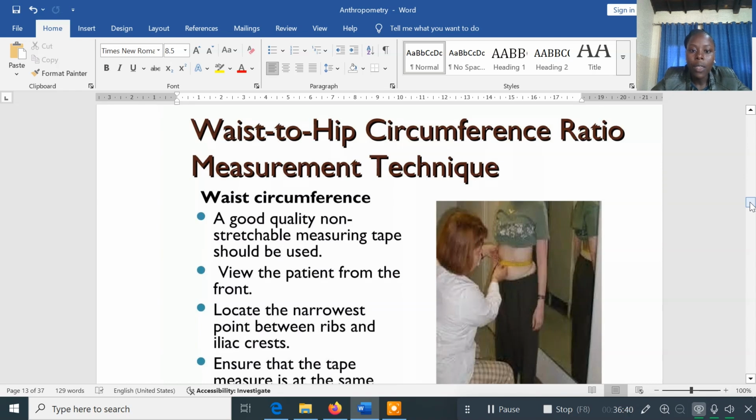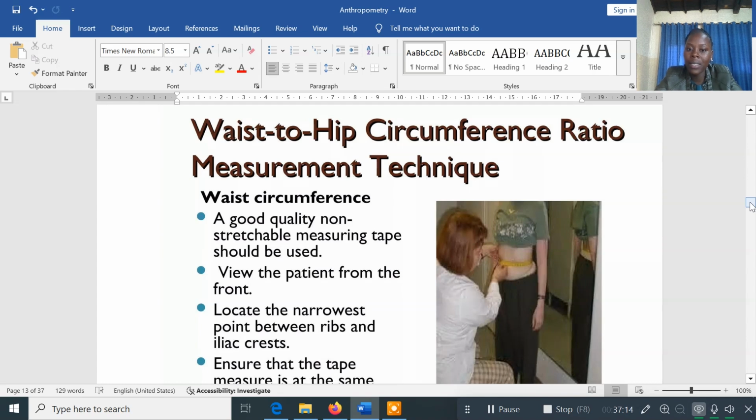Then view the patient from the front. You have to be in front of your subject or your client as you're measuring their waist circumference. Then you locate the narrowest point between the ribs and the iliac crest. The point at which you take the waist circumference should be the narrowest point between the ribs and the iliac crests.